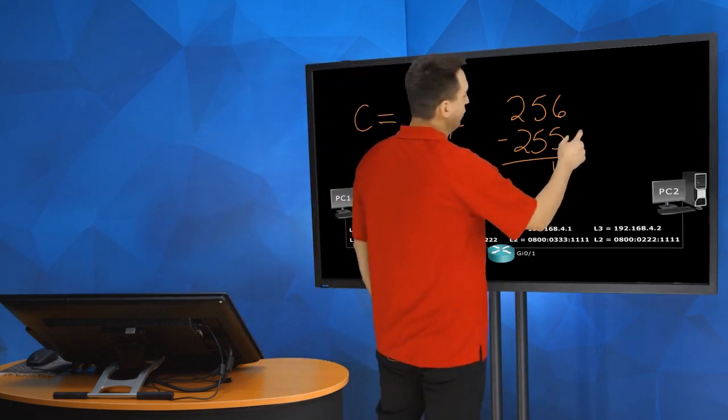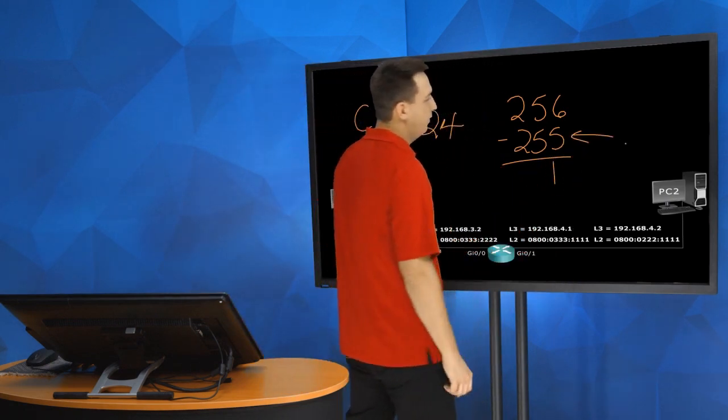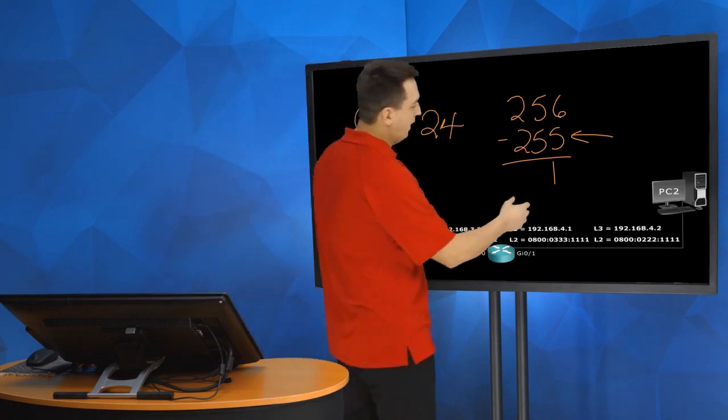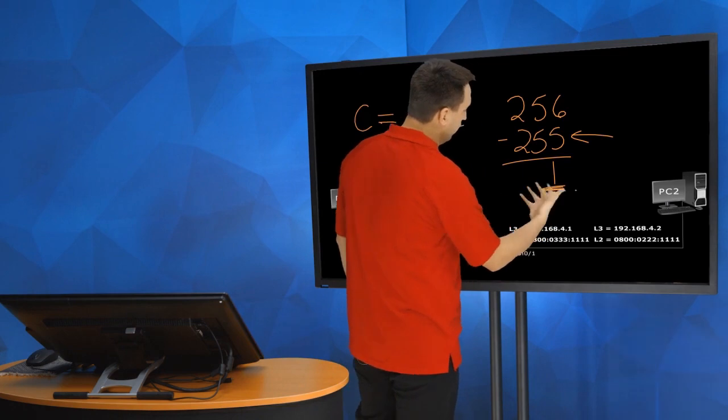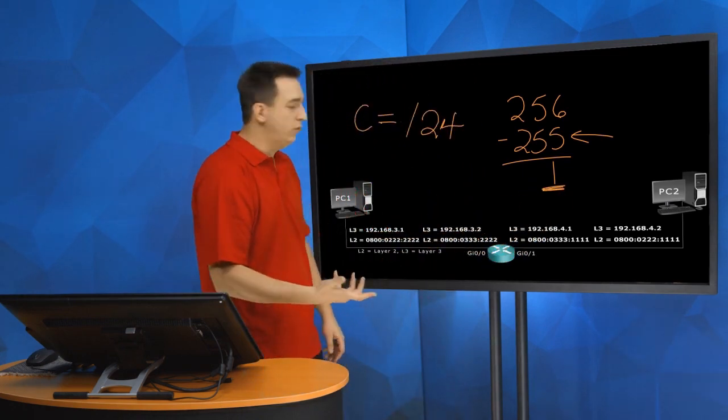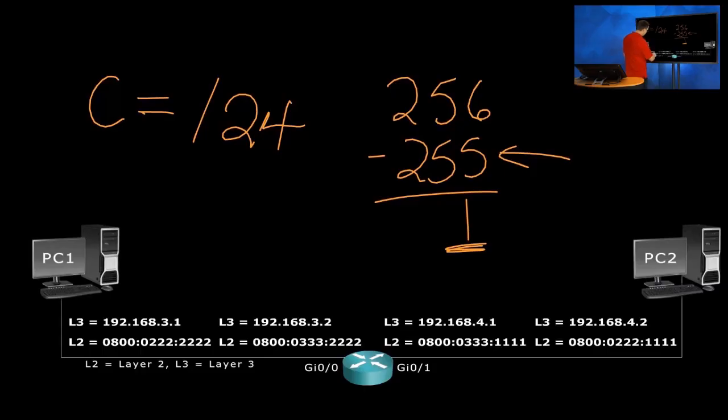That's where I got this 255 from, the third octet. That's where I'm going to find the very last one in binary. So doing the subtraction here, we get a value of 1. So what this means is I'm counting by 1 in the third octet. What do we have for IP addresses here as the third octet? 3. And then over here, we have a value of 4.